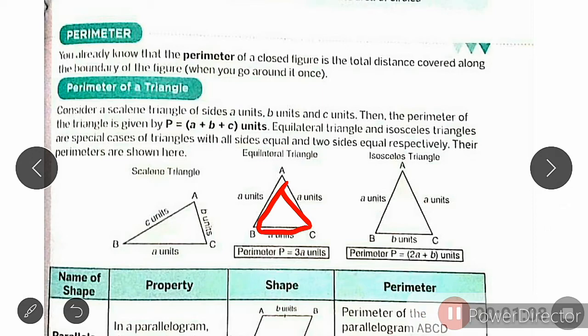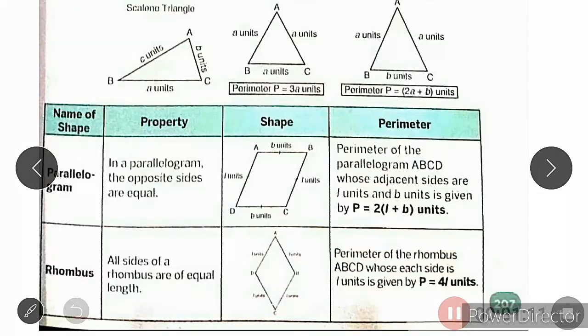Like to find the perimeter of a simple parallelogram, which has opposite sides equal, first we have to apply the formula and then we get the perimeter. Many students have problems in applying the formulas, how the formula will be applied. The easiest step is to see the figure properly.